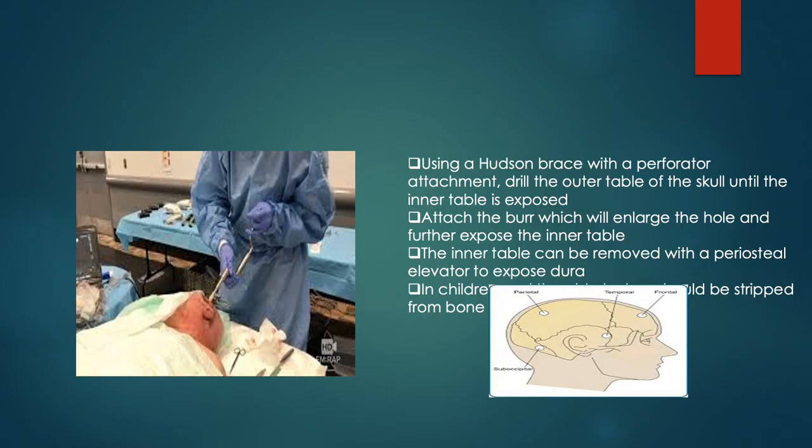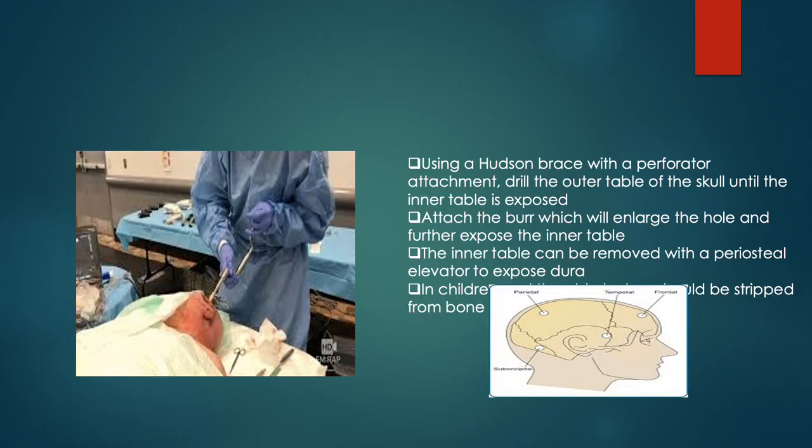So once the inner table is exposed, then you can use the periosteal elevator to remove that inner table, because it's really thin. Sometimes people have used artery forceps, and sometimes people have used Kerrison rongeurs to remove the inner table.